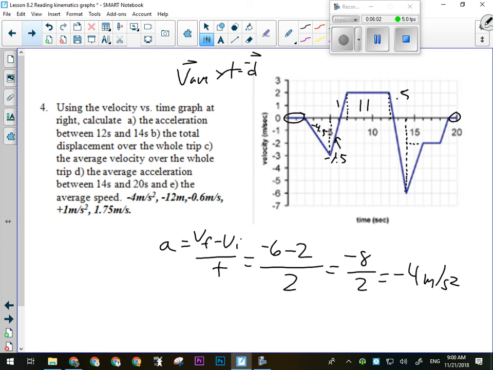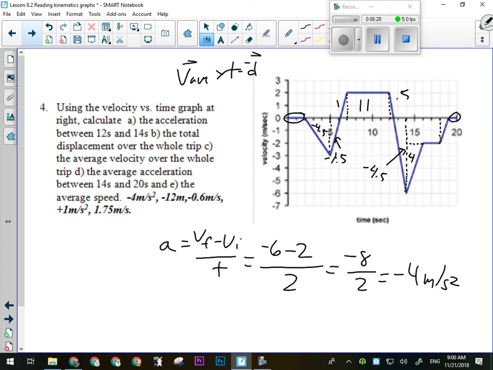So the challenge here is to draw all the shapes we have to calculate the areas of. I've got this long skinny triangle here that is 1.5 on the base by 6 tall, so 1.5 times 6 is 9, divided by 2 is 4.5. So this will be negative 4.5. This triangle here is 4 high by 2 wide, so that's 8 divided by 2 is 4.